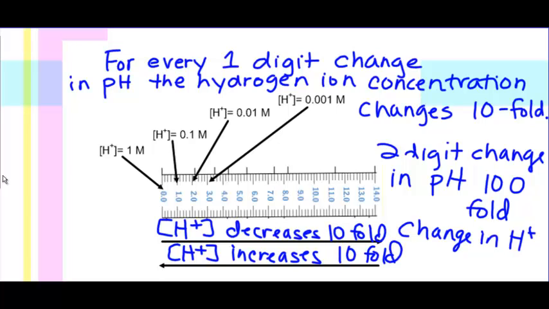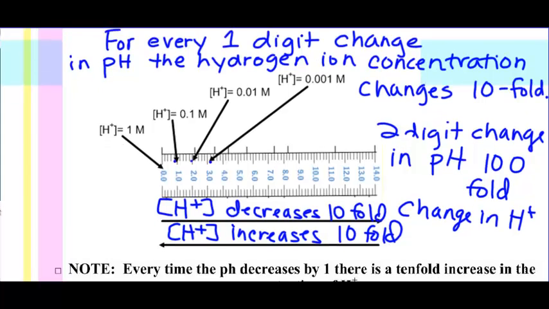So if you notice here, at pH 3, the hydrogen ion concentration is 0.001. If you go to pH 2, that's a 1-digit change, then it goes up, right? Here it's 1,000th, here it's 100th. And if you go up one more, it's 0.1. And go up one more, it's 1.